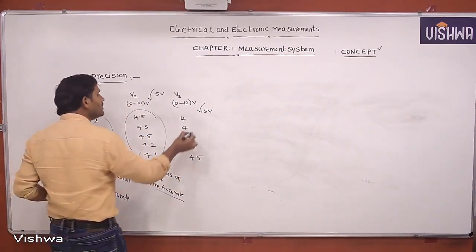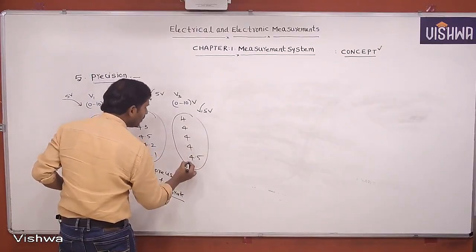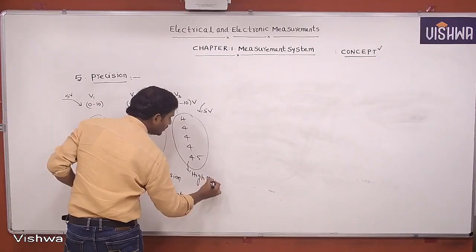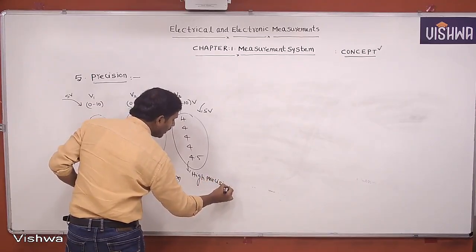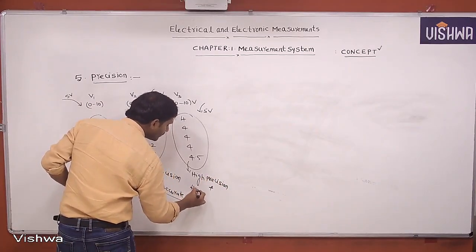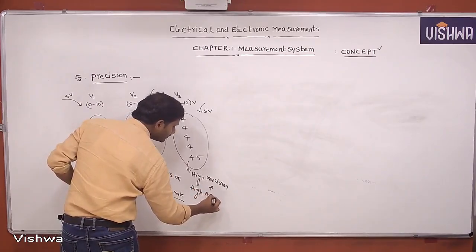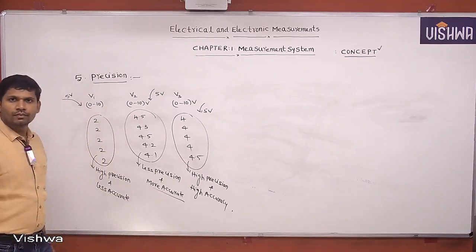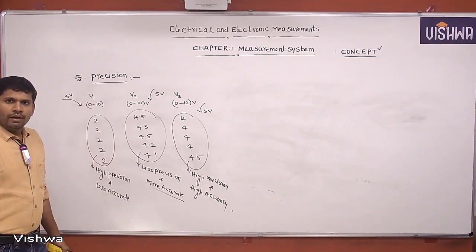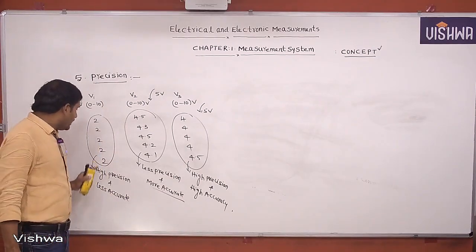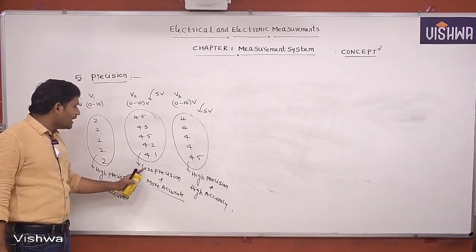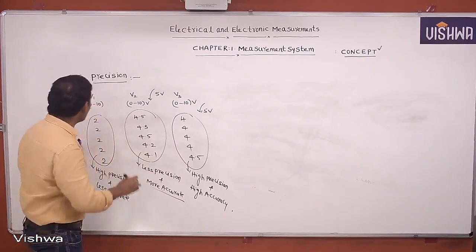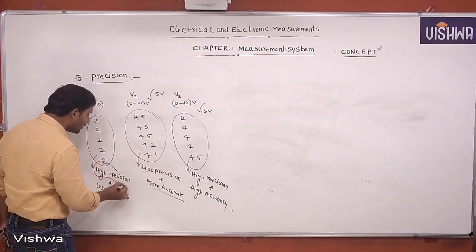Then this instrument is high precision and high accuracy. Yes, we can have high precision less accurate, less precision more accurate, and high precision high accuracy. But I am talking about what the precision of an instrument is.